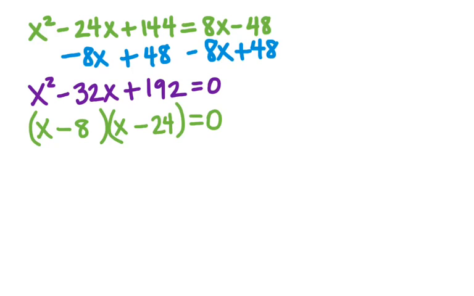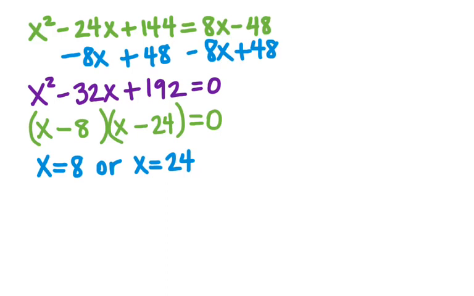And I found that negative 8 times negative 24 equals 192. And negative 8 plus negative 24 equals negative 32. So those are my factors. So since I have x minus 8 times x minus 24 equals 0, that means those two factors equal 0, and my solutions would then be positive 8 or positive 24.